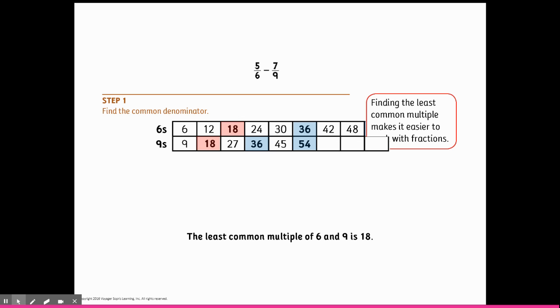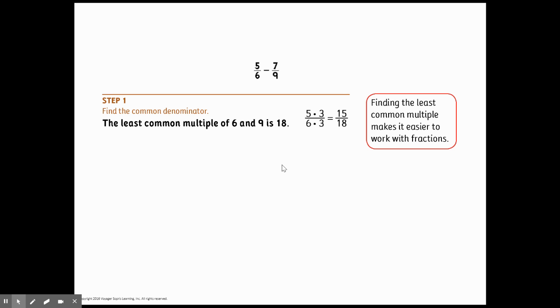Now that we have the least common multiple, let's solve the problem. Because 18 is the least common multiple, we will use 18 as our common denominator. Because 6 times 3 equals 18, we'll multiply the numerator and denominator of 5/6 by 3 to give us 15 out of 18.